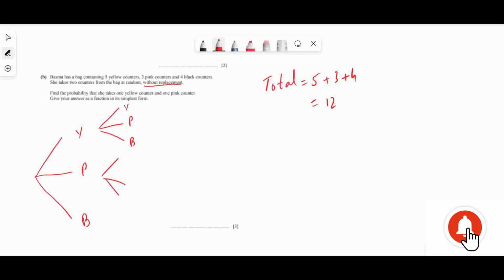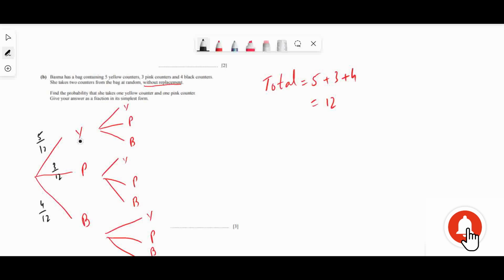Here again, yellow, pink, and black, and for the last one, yellow, pink, and black. Now for the first pick, yellow will be 5 by 12, pink will be 3 by 12, and black will be 4 by 12.